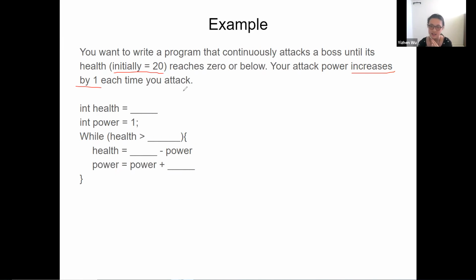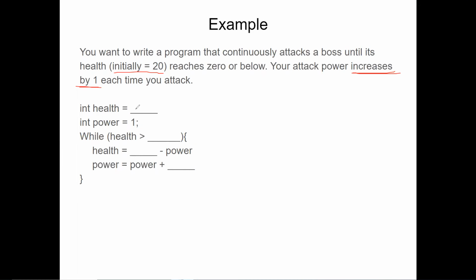This is kind of like what we showed you before, like the last slide, but it has one more condition: your attack power increases by 1 each time you attack. So let's start from the first space. What should we put here? Before you do anything, what would the boss health be? 20. Yes, that's right, 20.